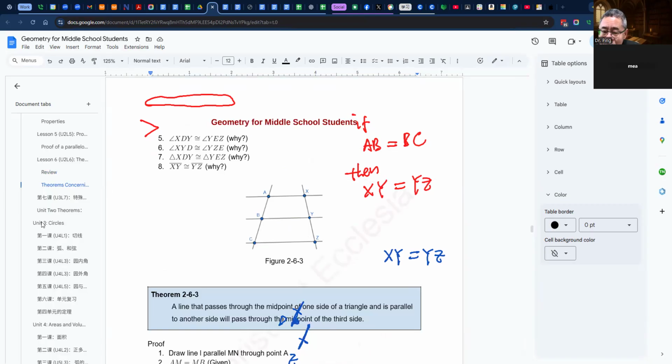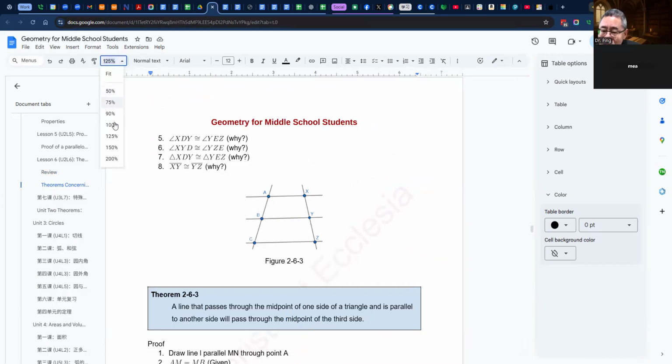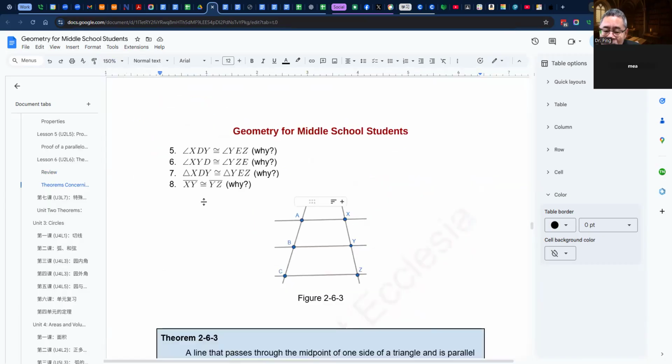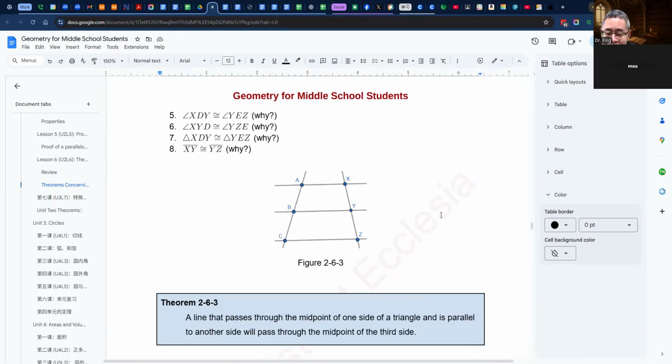Actually, let's move that up a little bit. Maybe we can make that a bit bigger. Okay, now look at this. This is D and this is E. So we know this side is congruent to this side. And now we know that this angle is congruent to this angle.